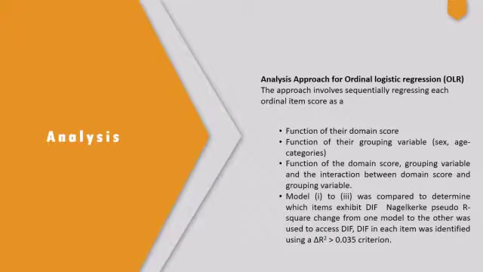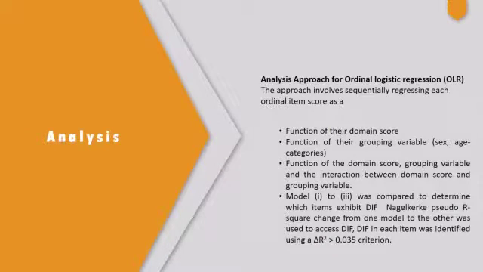And for the ordinal logistic regression, the approach involves sequentially regressing each ordinal item score as a function of their domain score, then as a function of their grouping variable, which is sex and age group. Age group is categorized as less than 75 and greater than or equal to 75. And also as a function of their domain score, grouping variable, and the interaction between domain score and grouping variable.